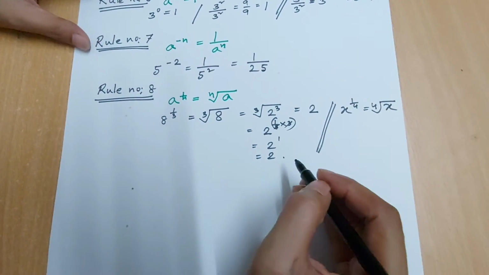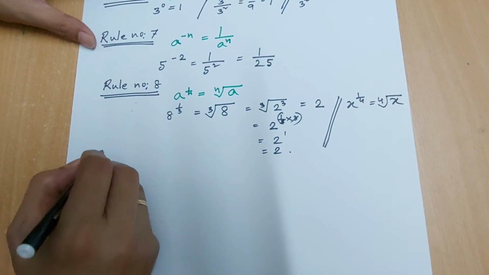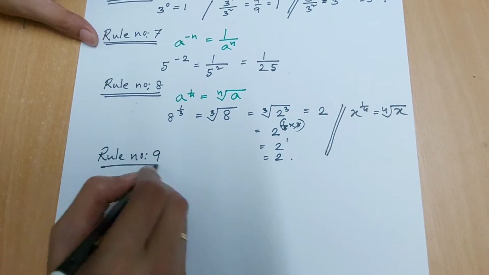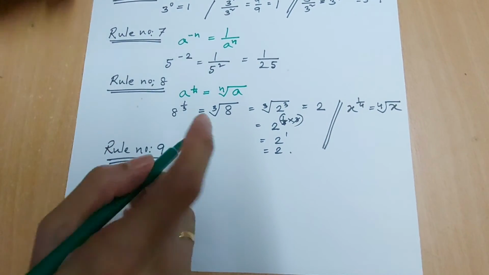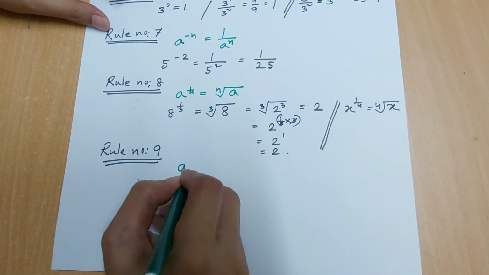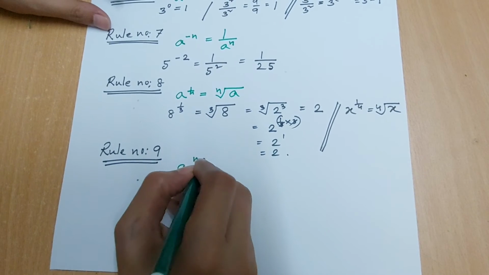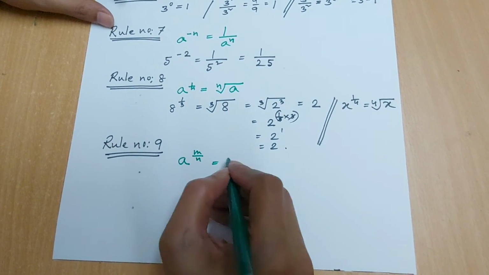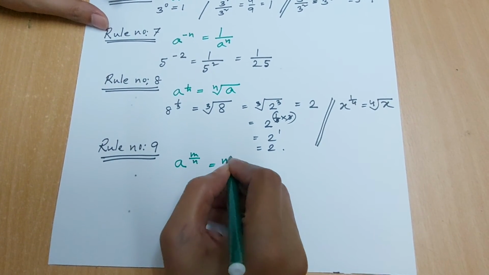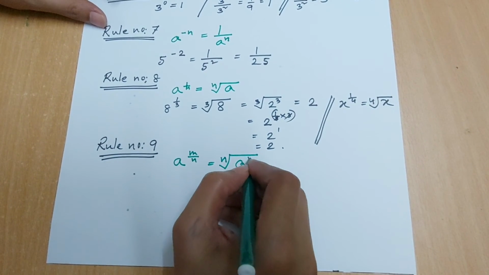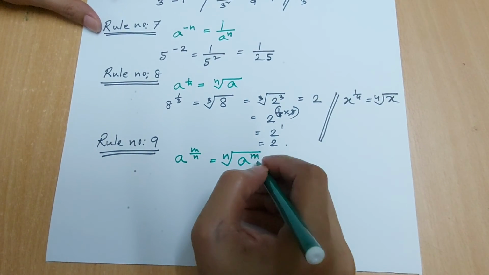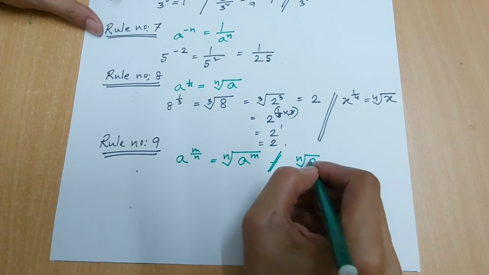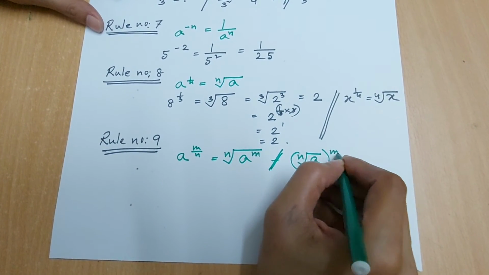And now rule number 9. Rule number 9 is a power m by n equal to, the denominator will make the root, nth root of a power m, or nth root of a, whole power m.